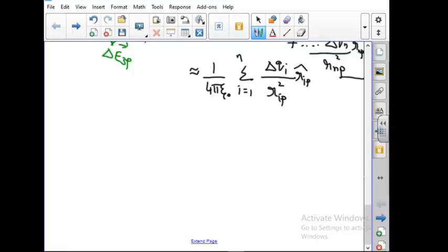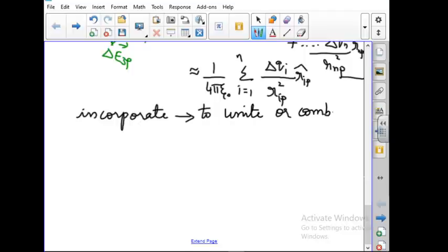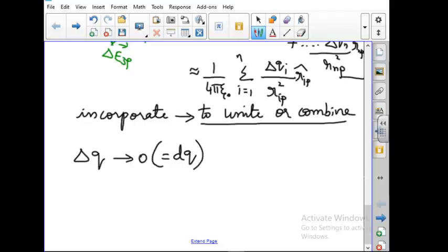To incorporate, meaning to unite or combine, we can take the limit delta q tends to 0. It can be written as dq. So how will you write this equation?